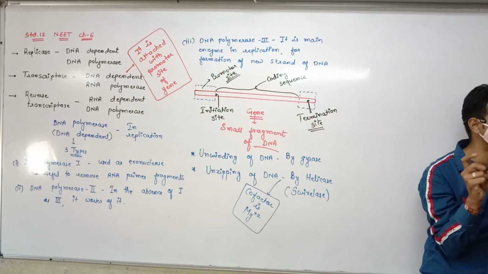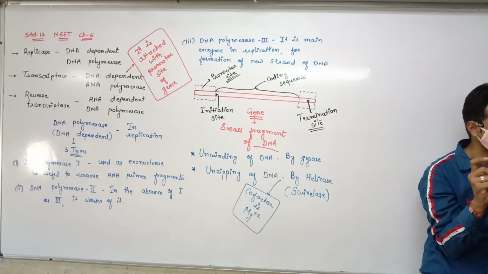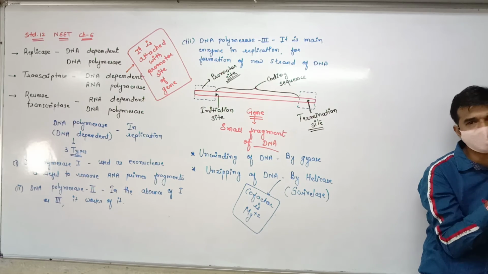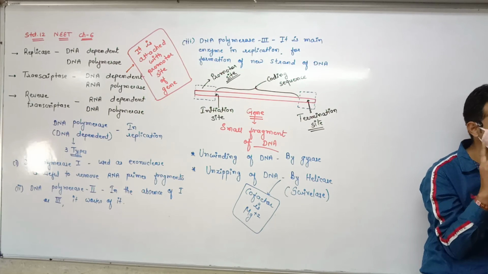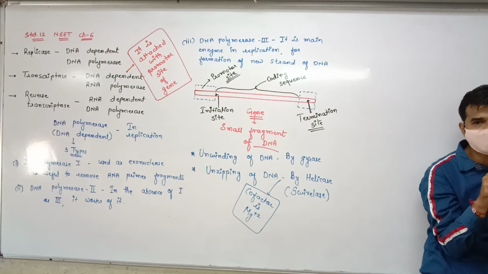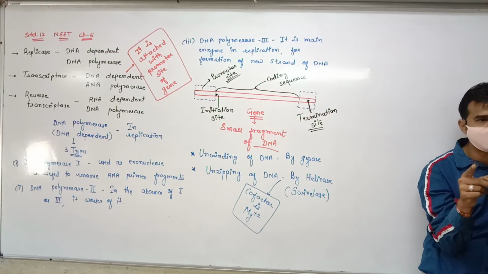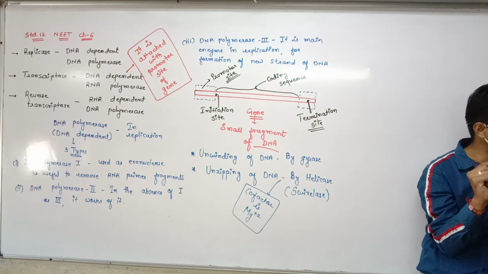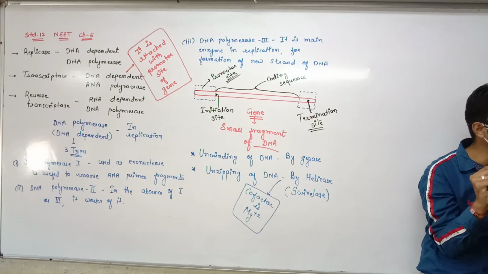And this RNA primer fragment is recognized by DNA polymerase 3. DNA polymerase 3 recognizes the RNA primer, attaches to it, and then forms the DNA fragment, and that is the complementary strand.